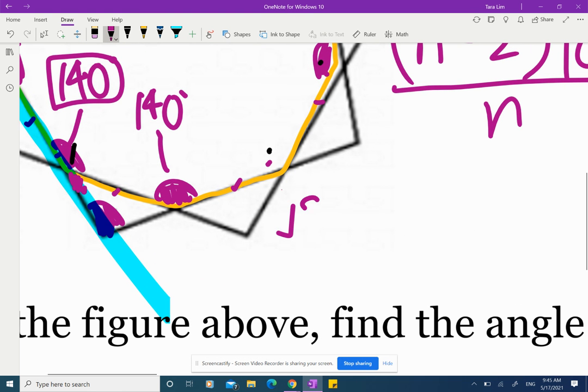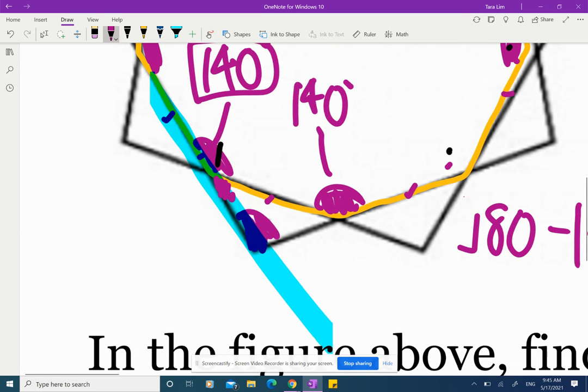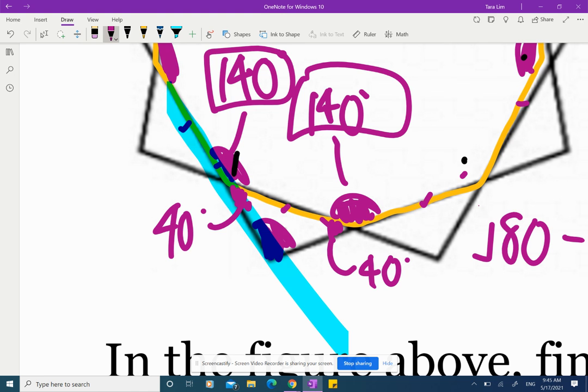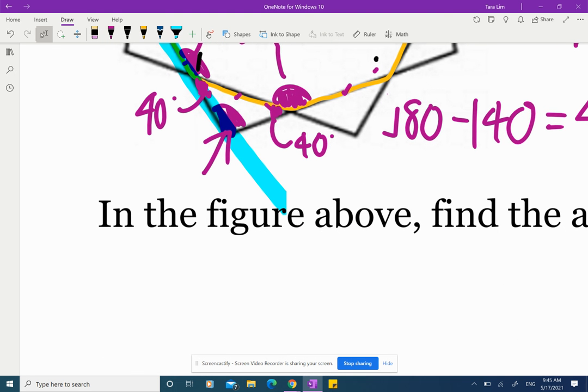So 140, we want to calculate the small angle here. So 180 minus 140, which gives us 40. So you know that this angle here is 40, and also the angle over here is also 40 because both of them are the same. And now we want to calculate this angle over here. So we know that in a triangle, the angles add up to 180 again.